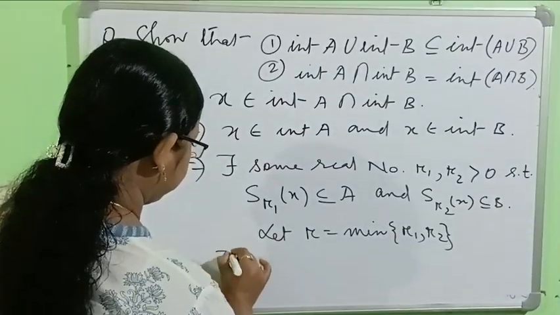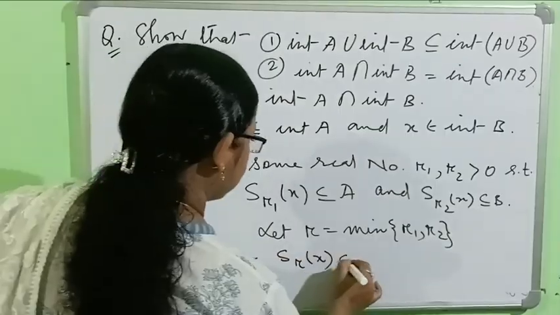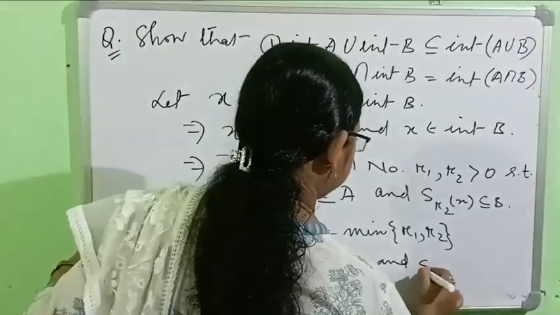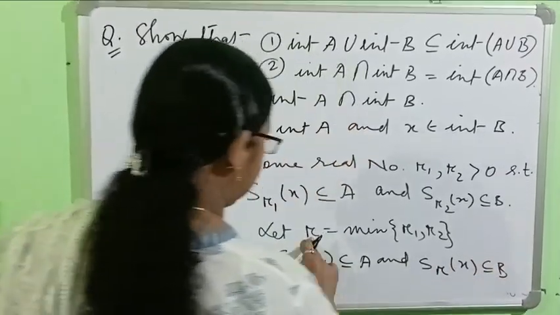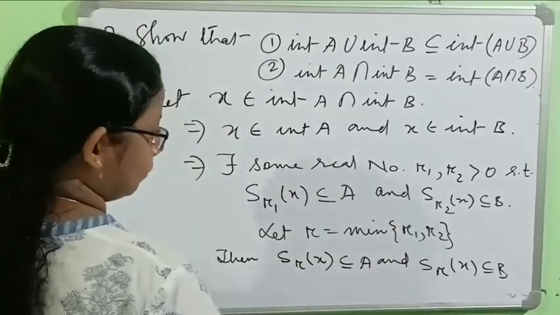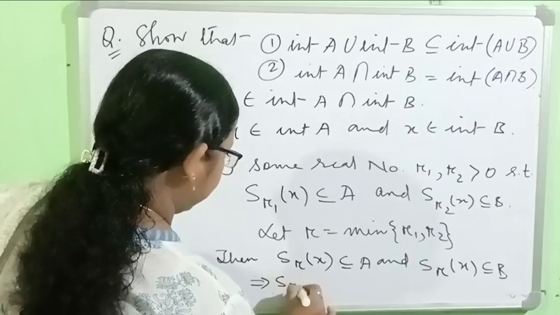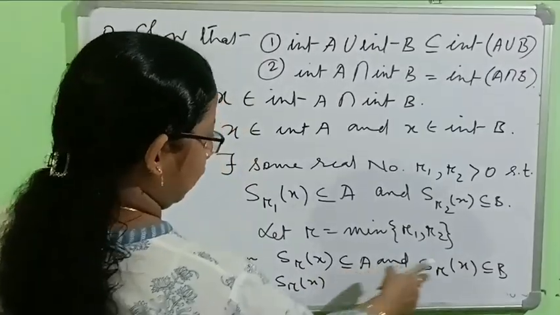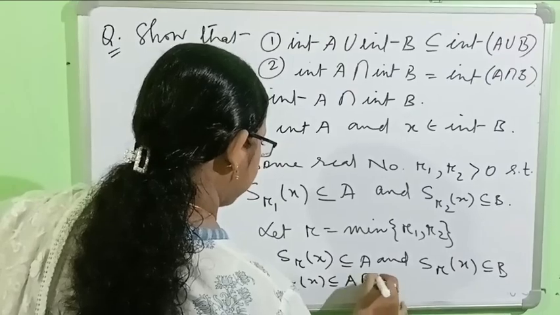Then S_R(x) is contained in A and S_R(x) is contained in B, as R is the minimum of R1 and R2. So this implies S_R(x) is contained in A and is also contained in B. That means it is contained in their intersection.